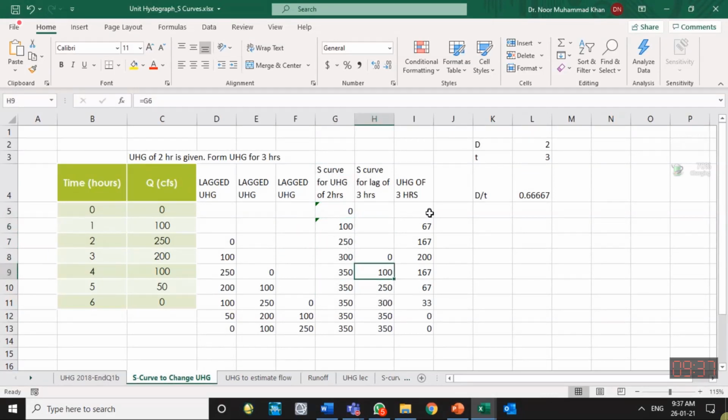Subtract them together, 0 minus 0, 100, and multiply it with the factor D over T. Now the factor D over T, D is 2 hours, T is 3 hours, it is 0.667. So subtract them and multiply by 0.667. So you will get the unit hydrograph of 3 hours duration. So that is the new unit hydrograph. This is the original unit hydrograph. So in this way we can convert them.